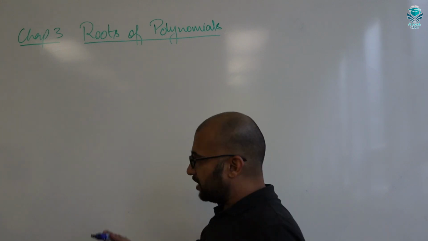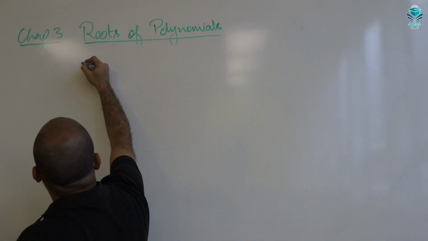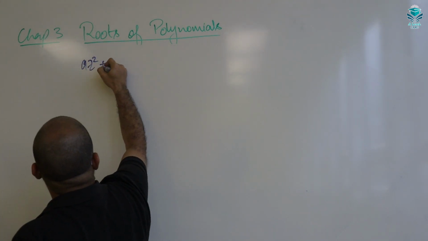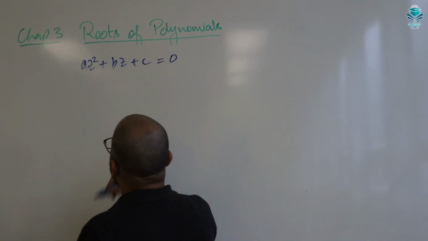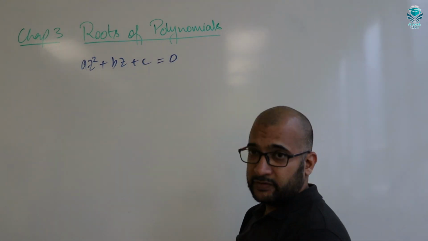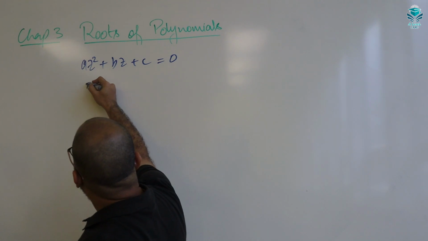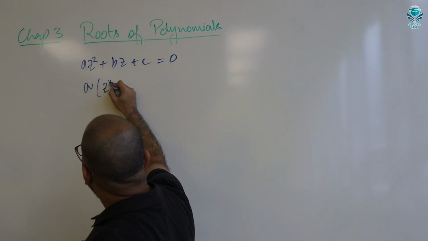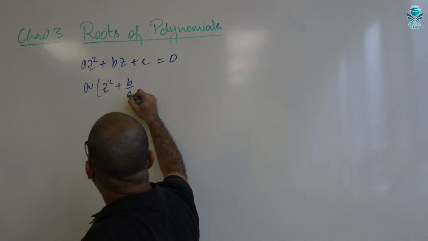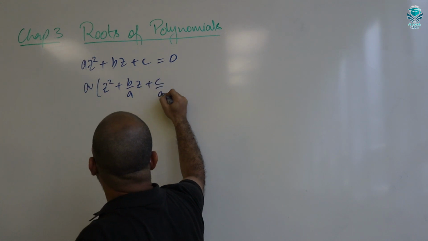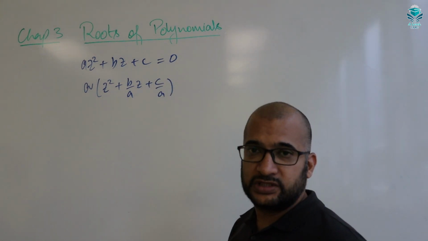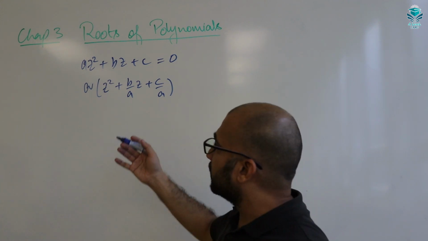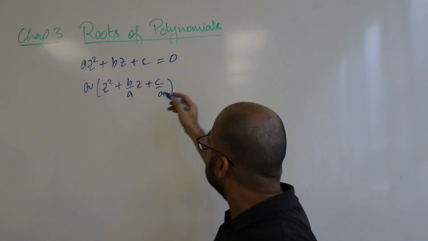Let's say we have a quadratic polynomial, meaning a z square plus bz plus c equal to 0. It is a second degree polynomial in a variable z. If we take a common, we can write z square plus b by a z plus c by a. And we suppose that this quadratic polynomial has 2 roots, because its degree is 2, so it has exactly 2 roots.